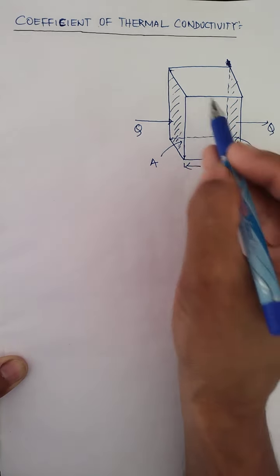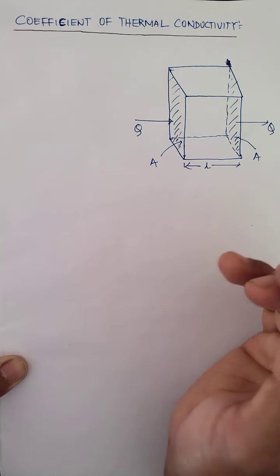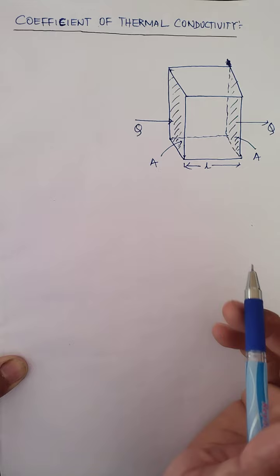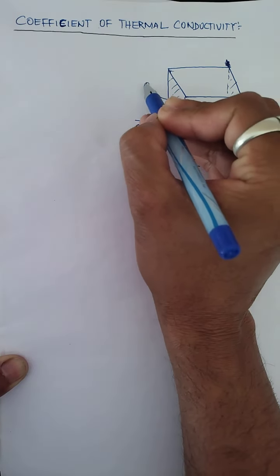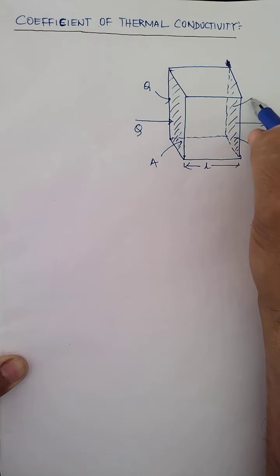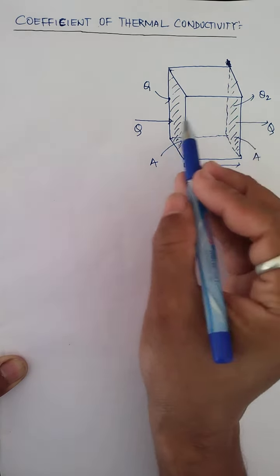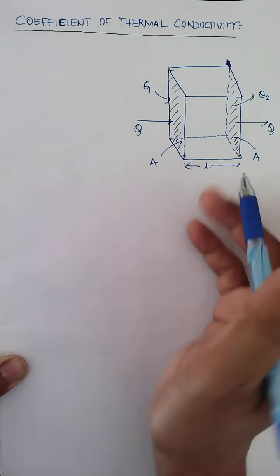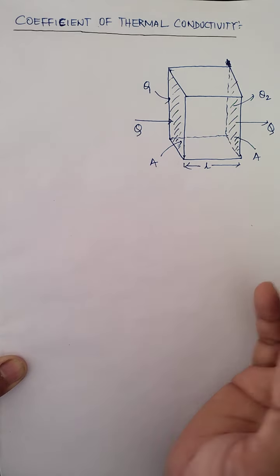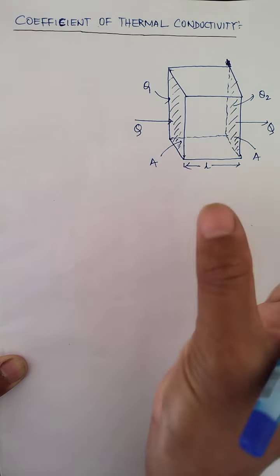Now these two faces, when the heat flows, maintain a steady temperature. The steady temperature maintained at this face is say theta 1, and at the other face is say theta 2. These two temperatures, theta 1 and theta 2, remain constant with respect to time only when the state reached is called the steady state.